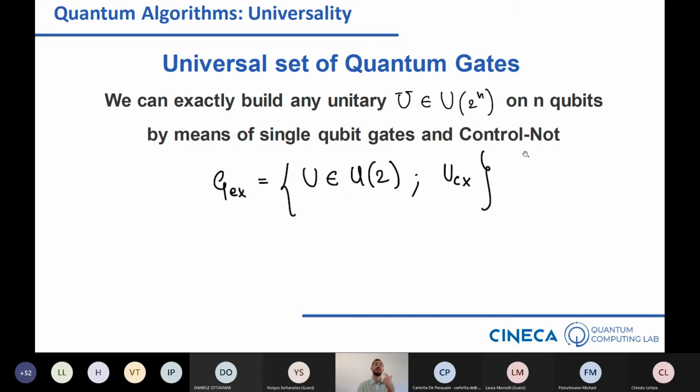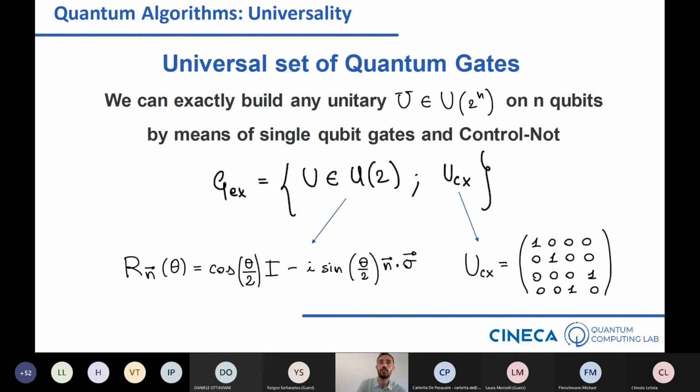So, and this is an exact set, which means that you can exactly build any unitary with U2, so all the single qubit unitaries, and control not. Okay, so a single qubit unitary looks like this, and the CNOT looks like this. But usually it's okay when you implement this in the hardware.